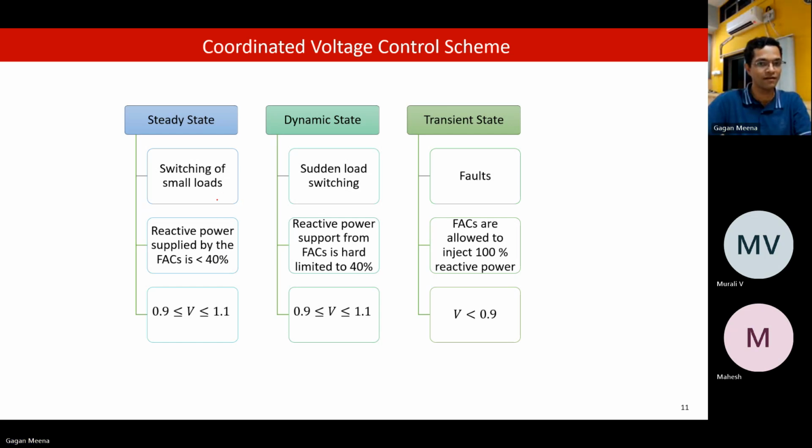This voltage control can be done by using different elements; so many elements are there in distribution. So this is for a distribution system. In this lecture, this IEEE 33 bus system was used.